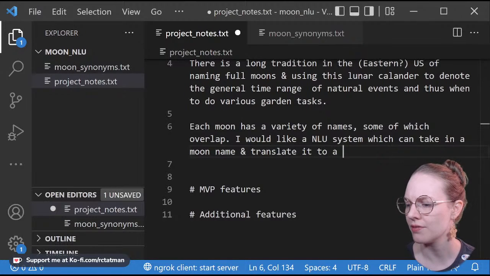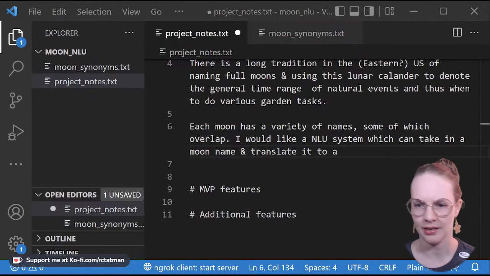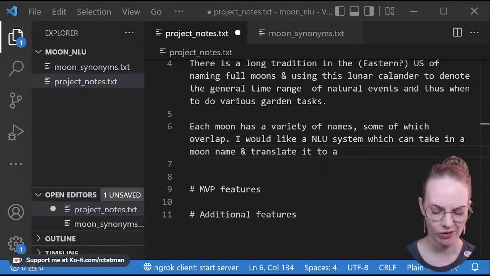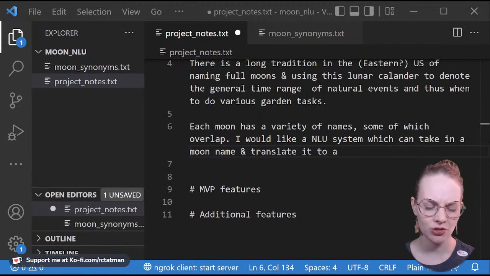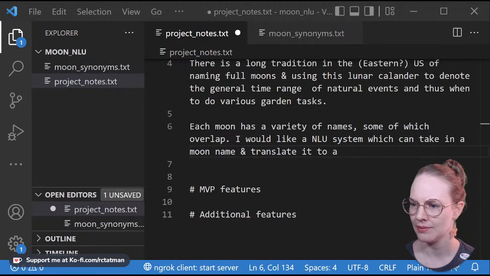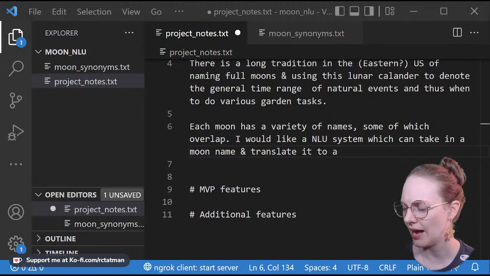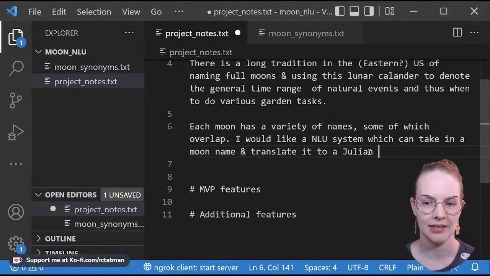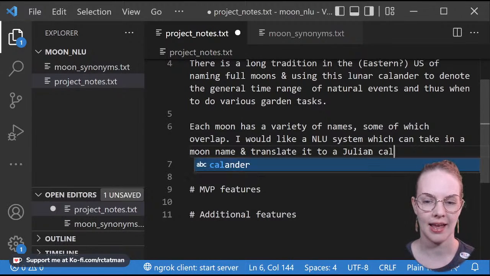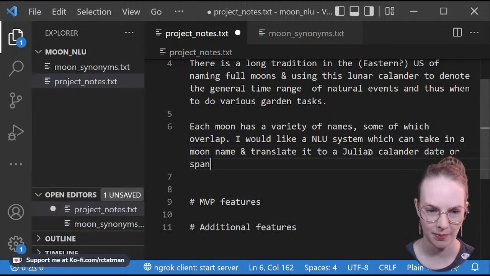It's definitely one of the two. Let's see. Is it the Julian? Right? Because the Julian calendar has July in it. Took effect in 709. Okay, yes, so it looks like Julian calendar date or span.